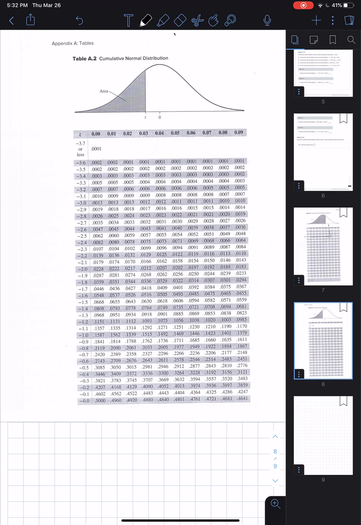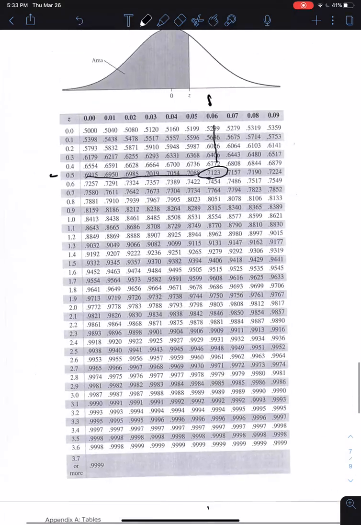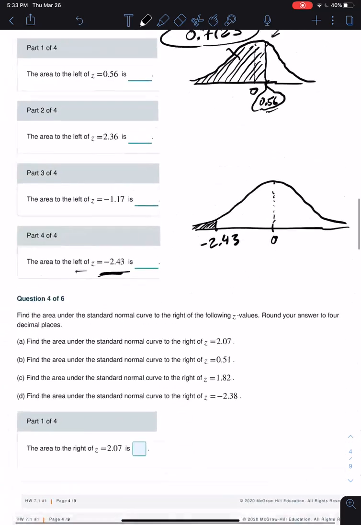Negative 2.4 can be right there, negative 2.4 and then 3. And that area is 0.0075.